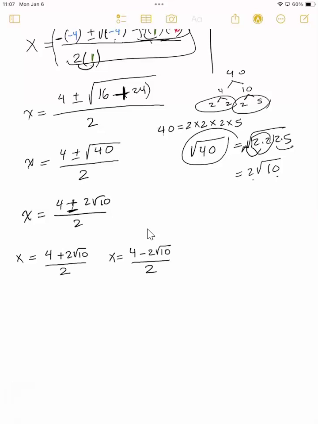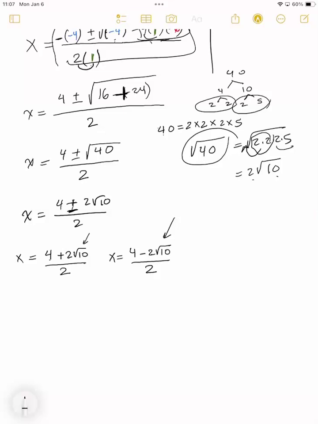To get an estimate of your answer, put the square root of 10 in the calculator, multiply it by 2, add it to 4, divided by 2. And again, put the square root of 10 in the calculator, multiply it by 2, subtract it from 4, divided by 2.